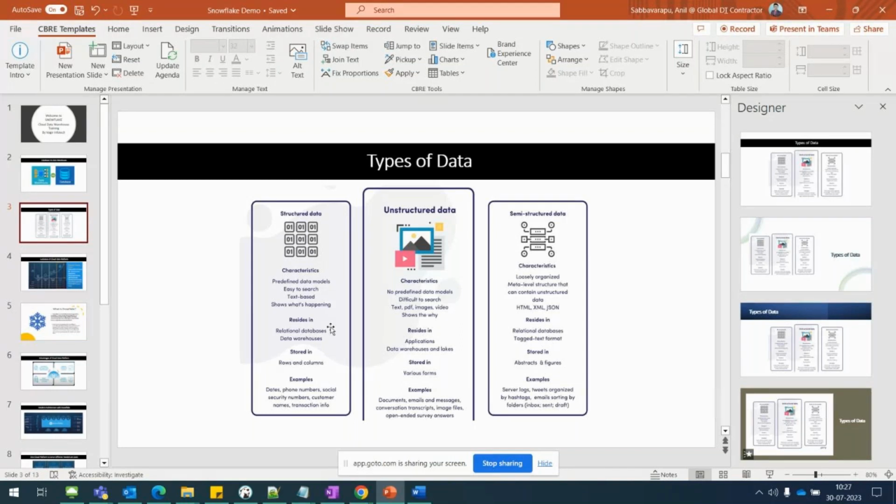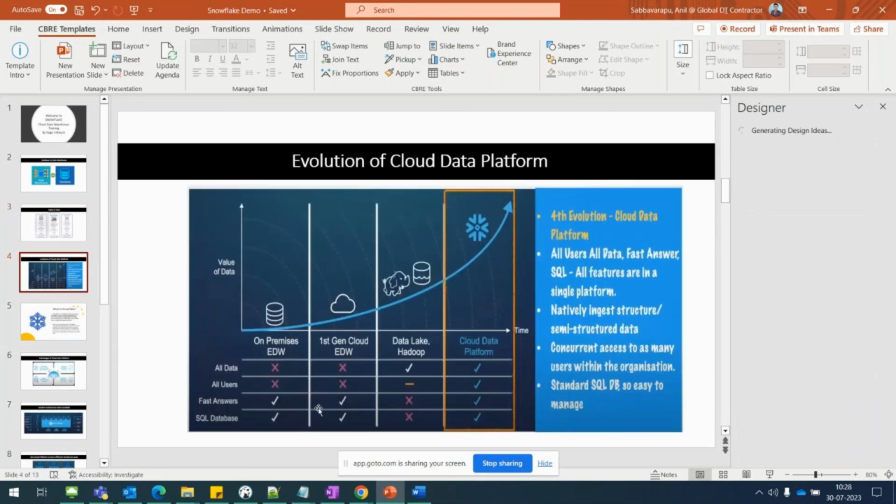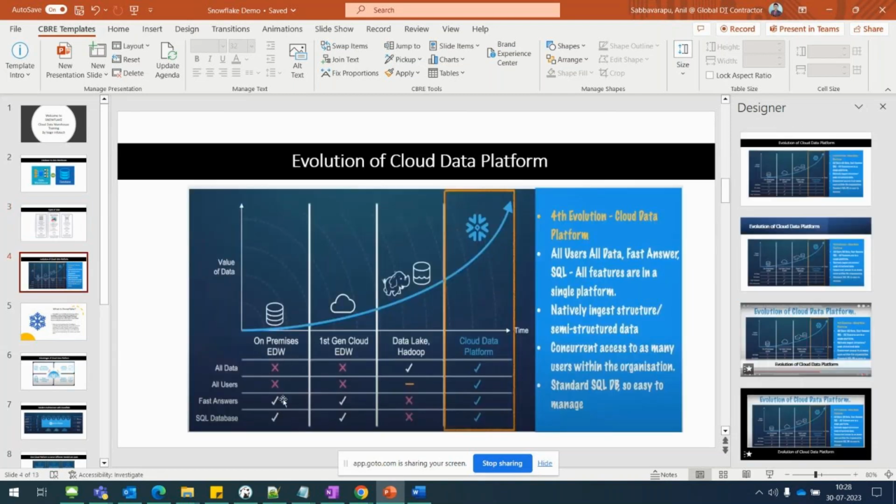Structured data is in the form of tables, and semi-structured data is in the form of HTML formats and JSON formats. Unstructured data is in PDFs, images, and videos. The data that you see on Instagram and Facebook is unstructured data. And the on premises data warehouse was not able to process all those types of data.